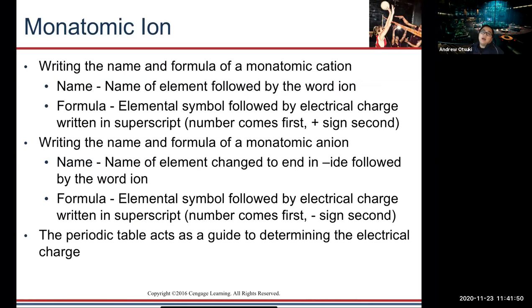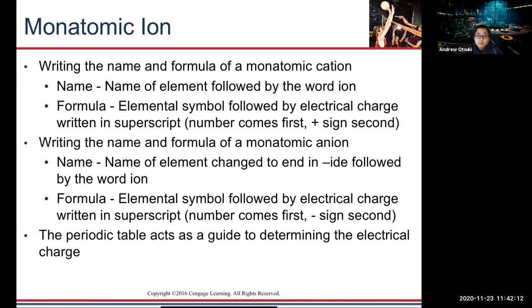So how we write ions is we take the chemical symbol and then we put in the superscript. The superscript is the top right corner, like how we write 2 squared, we put the 2 in the top right corner. So we represent charges the same way.